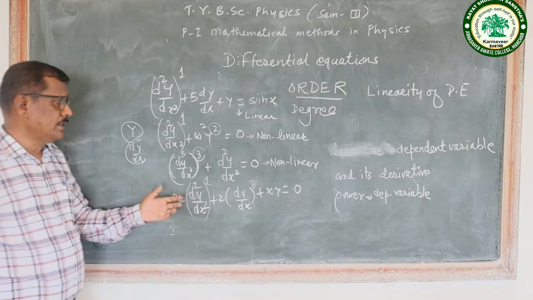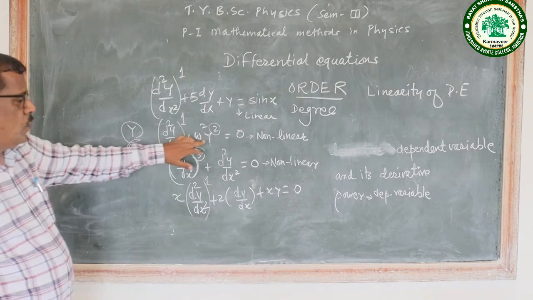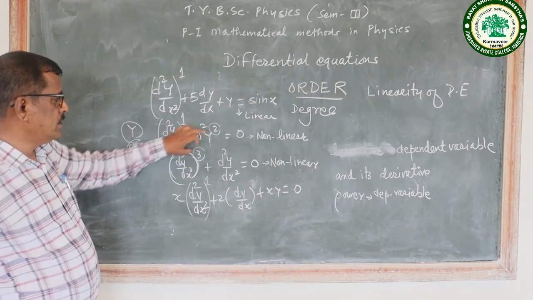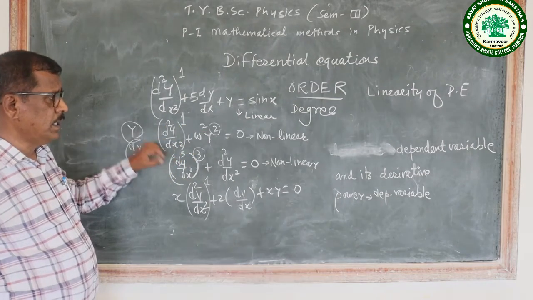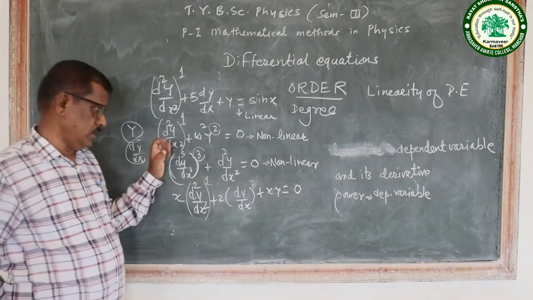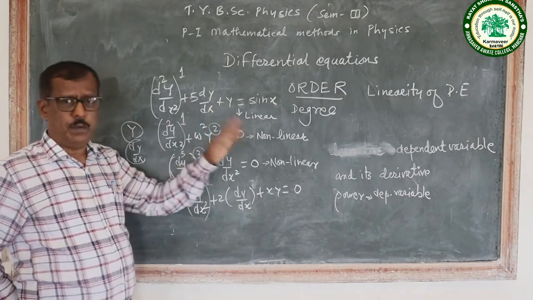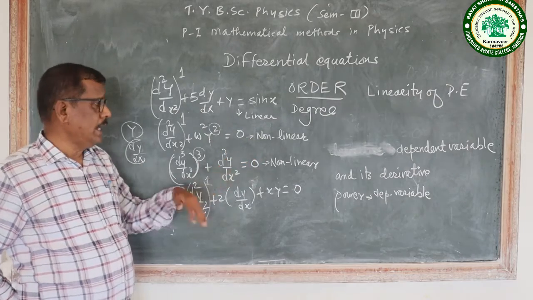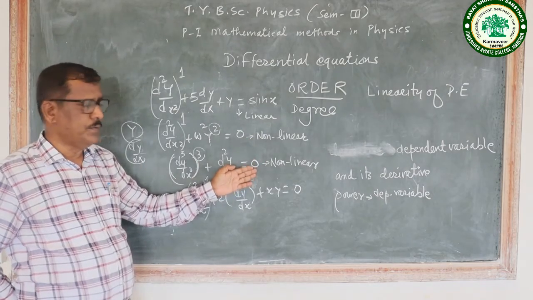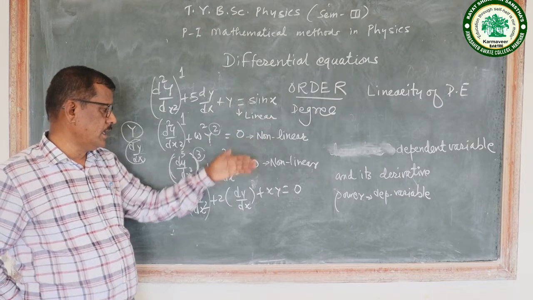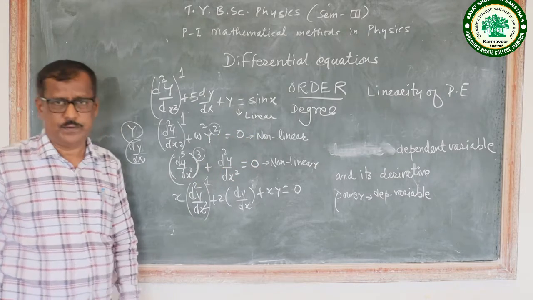Here, y raised to 2, this term raised to 3, is in power form. We don't want the power term of the dependent variable and its derivative, so we call it a non-linear differential equation.